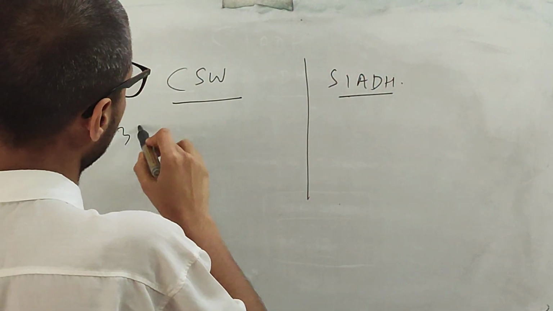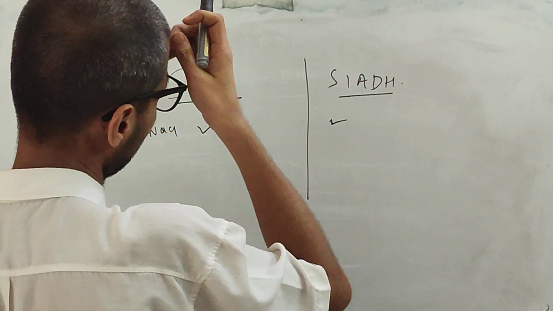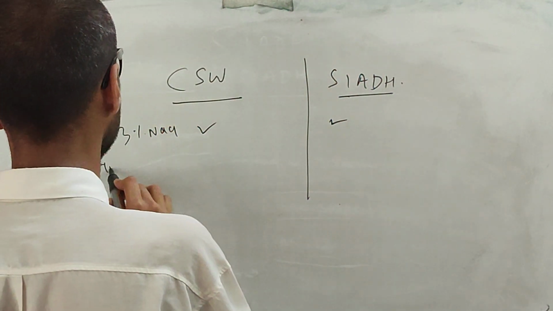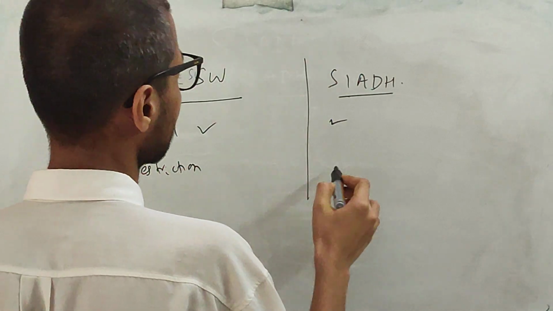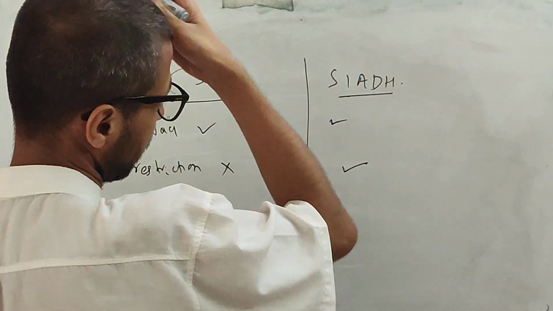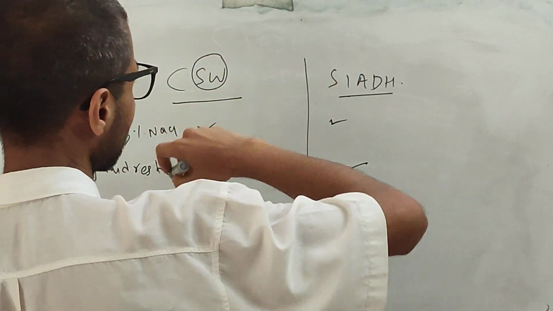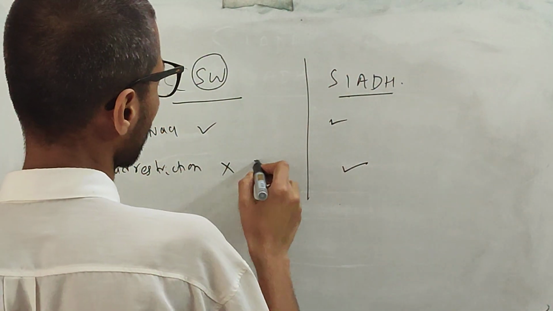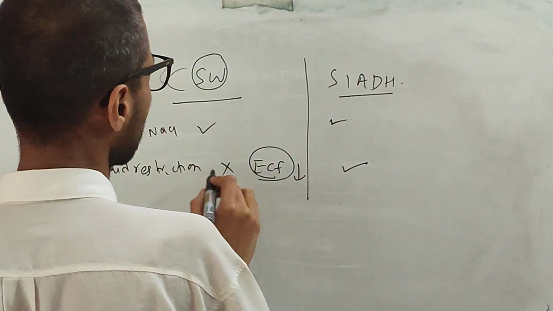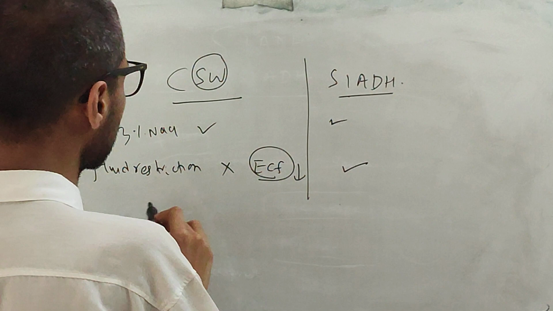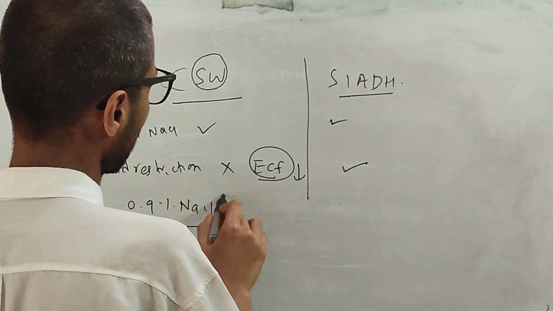Obviously, you can give 3% sodium chloride in both, it works for both, but other treatments are different. Like fluid restriction: we do fluid restriction in SIADH, but you don't do fluid restriction in cerebral salt wasting, because salt wasting is occurring, and water also follows the salt, so the extracellular fluid compartment is low. So you don't restrict fluid. Instead you give 0.9% sodium chloride to expand the extracellular space.